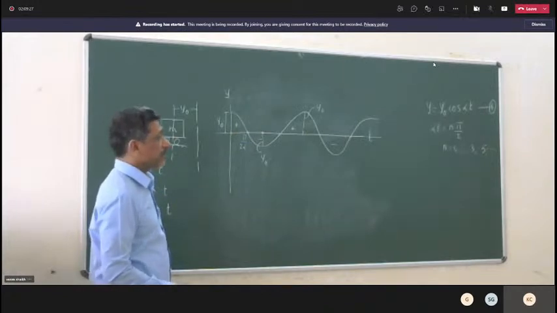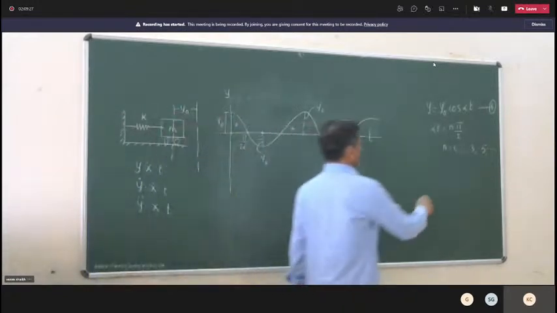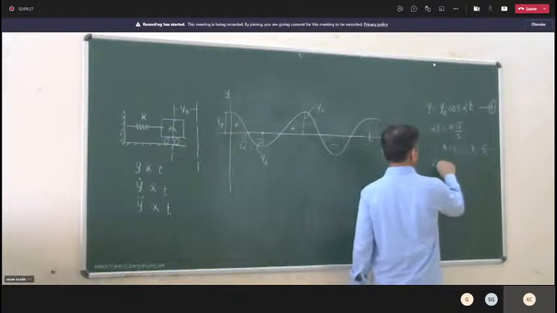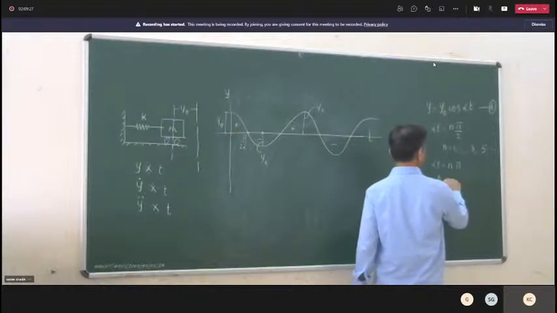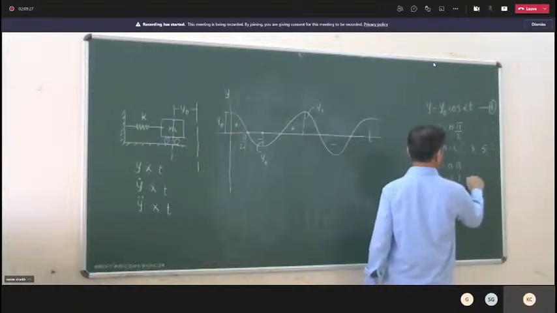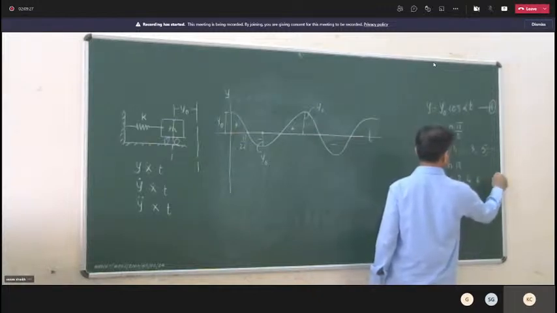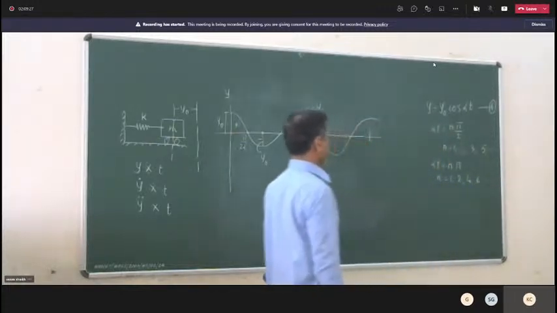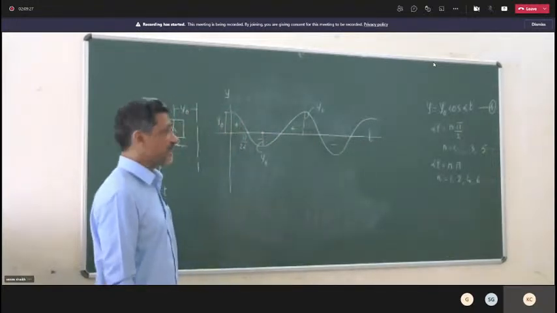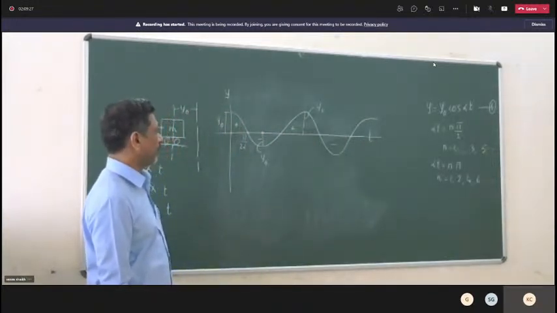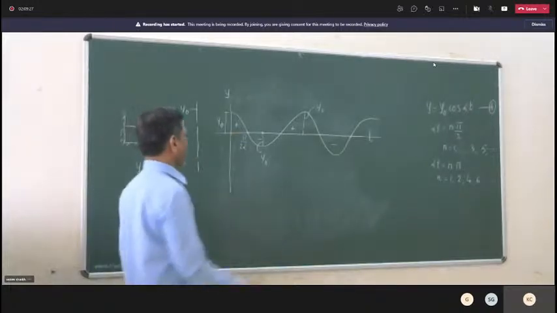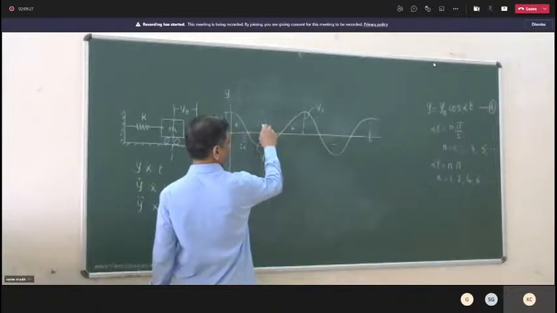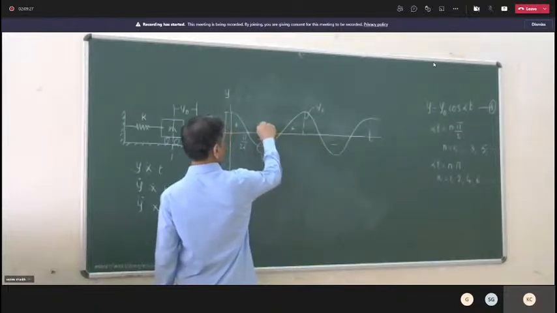That means whenever alpha t is equal to n pi, where n is even numbers, the cosine is plus or minus one. So it will be here, pi upon alpha.